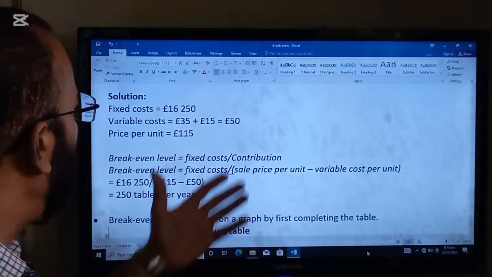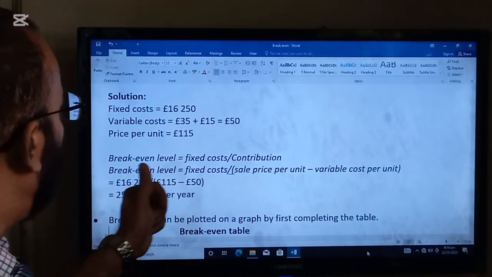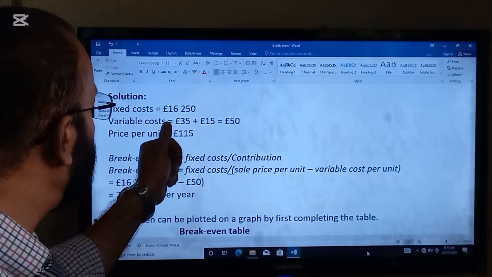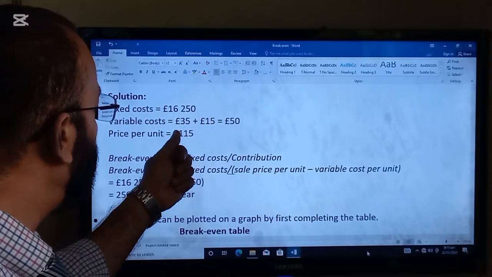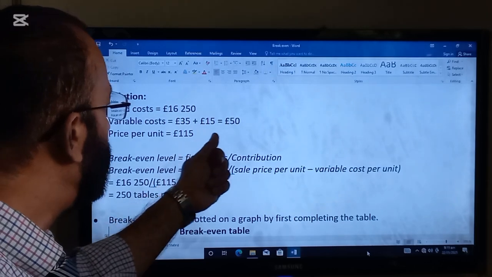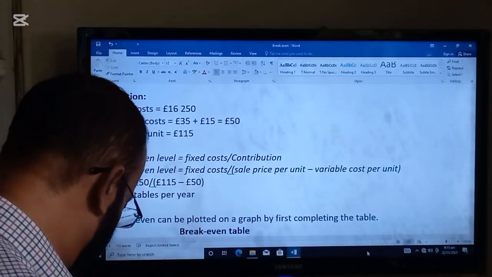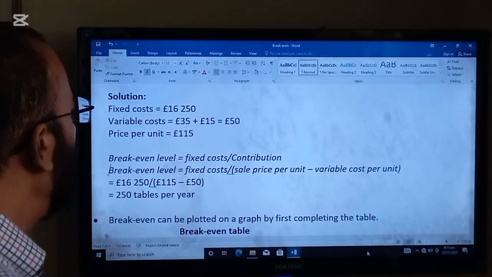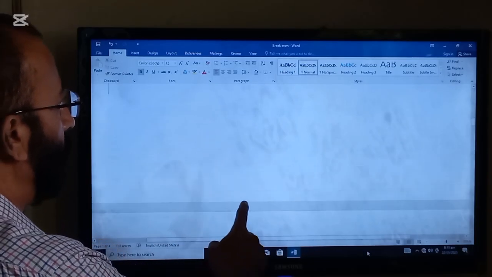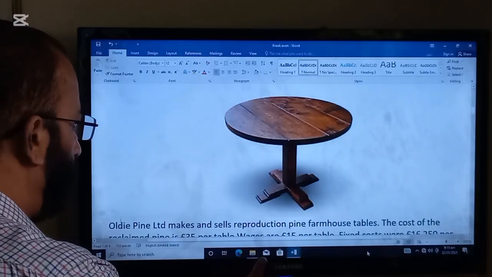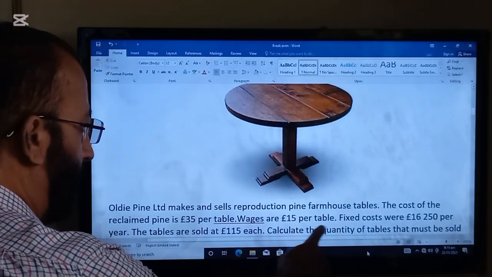From the case study, we have fixed cost of 16,250. Variable cost is 35 plus 15, which is equal to £50, because 35 is the cost of the wood and £15 is the wages per table.